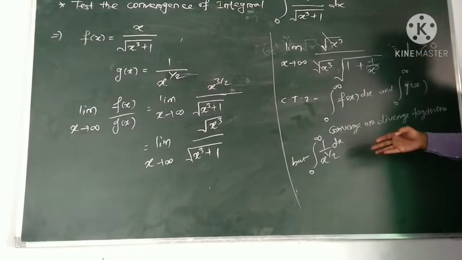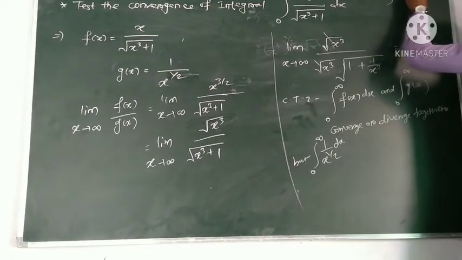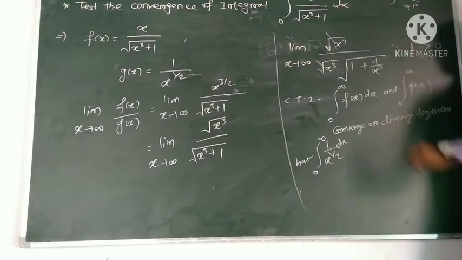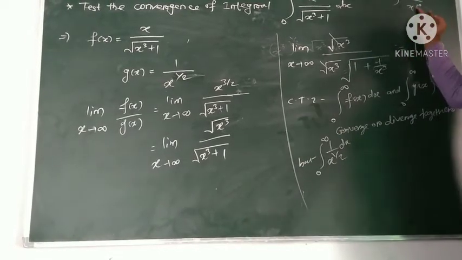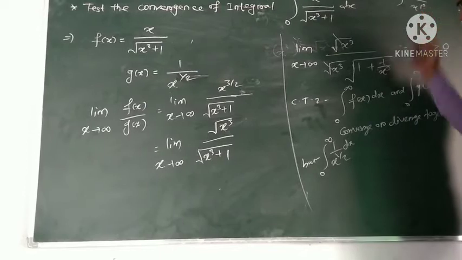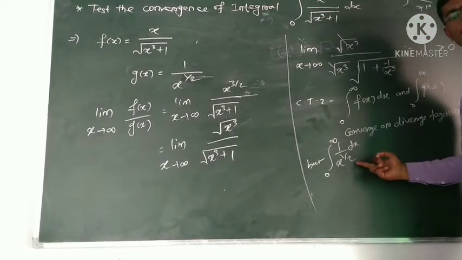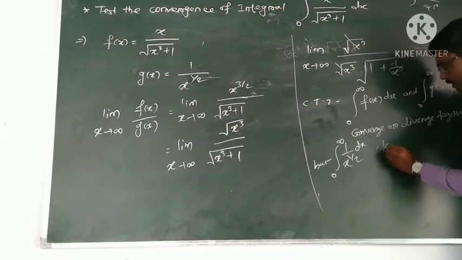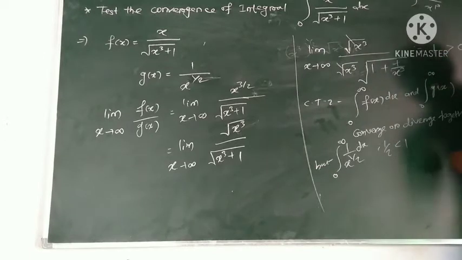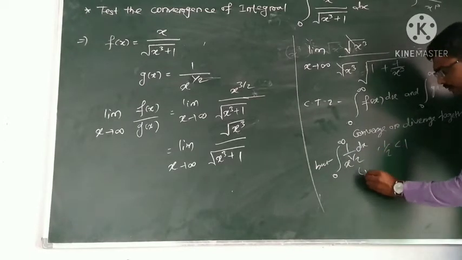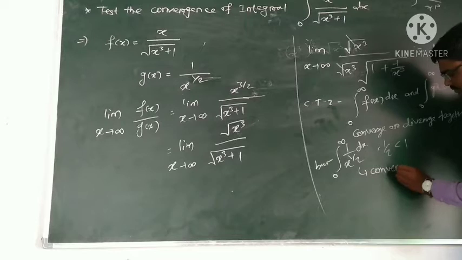Okay, now we know the improper integral dx upon x to the power p is convergent when p is less than 1, and here p is 1 by 2. So here 1 by 2 is less than 1. This implies this improper integral is convergent.